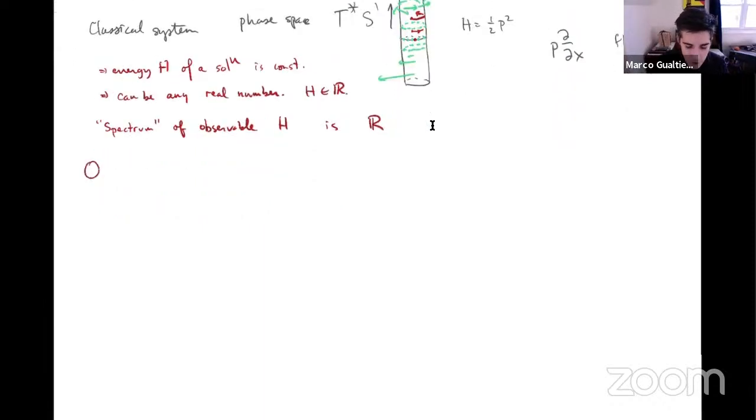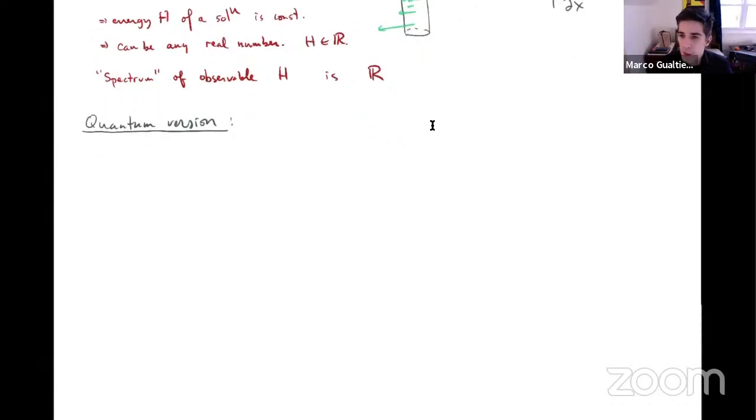Now let's do the quantum version. In the quantum version, the complex vector space we're going to take to be the functions on S1 with complex values. Now, what kind of functions should we take?